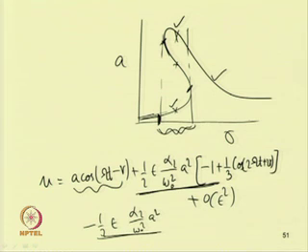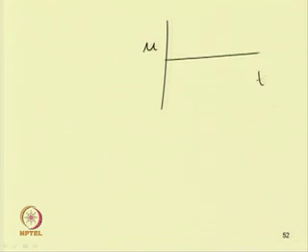So, the response will not oscillate about u equal to 0. There will be a drift from the u equal to 0 line, and that is due to the presence of this quadratic nonlinearity. So, one can plot the response like this.